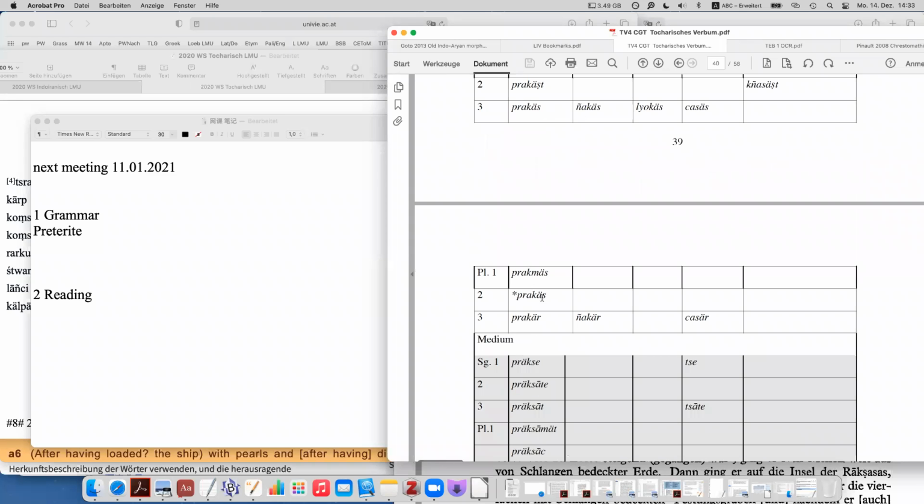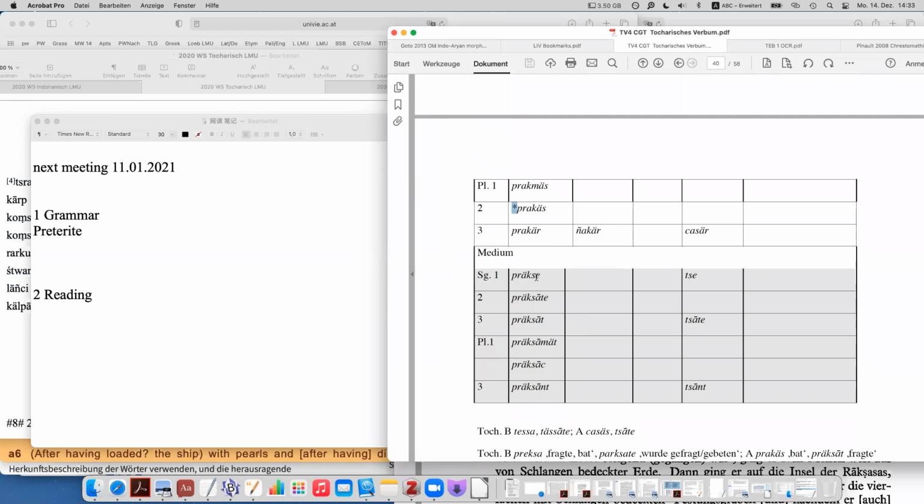But here the star means that the form is not really attested. And then in the middle, you have the S morpheme here. Plukse, pluksate, pluksat, pluksamat, pluksach, pluksant. This is the third class, the so-called S preterite.